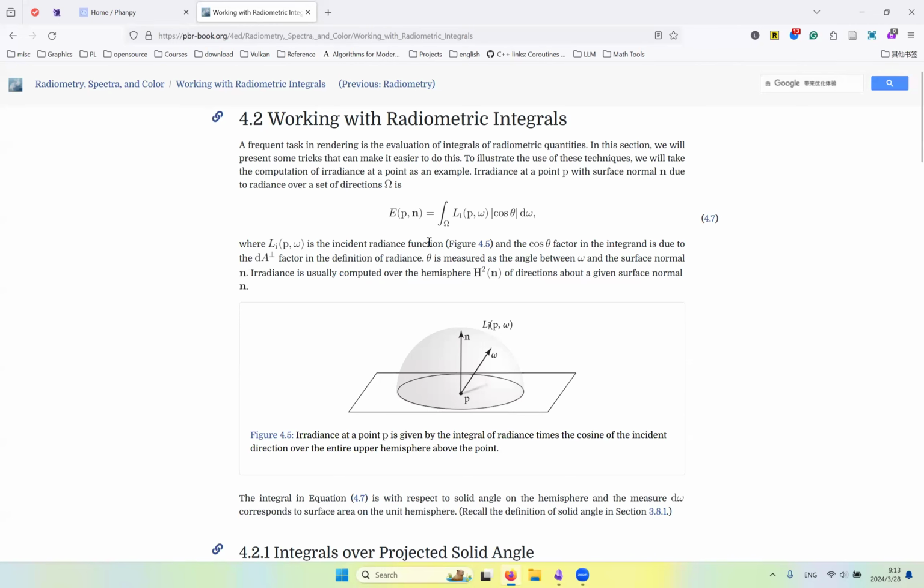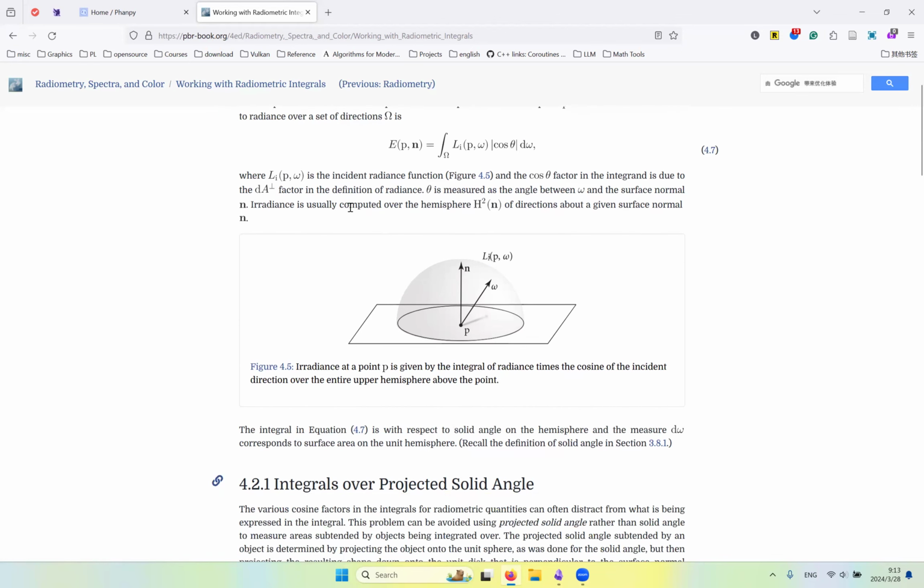Theta mentions the angle between omega and also the surface normal. It's usually computed over a hemisphere. So that's why we often have a divide by 2 pi problem, not 4 pi.